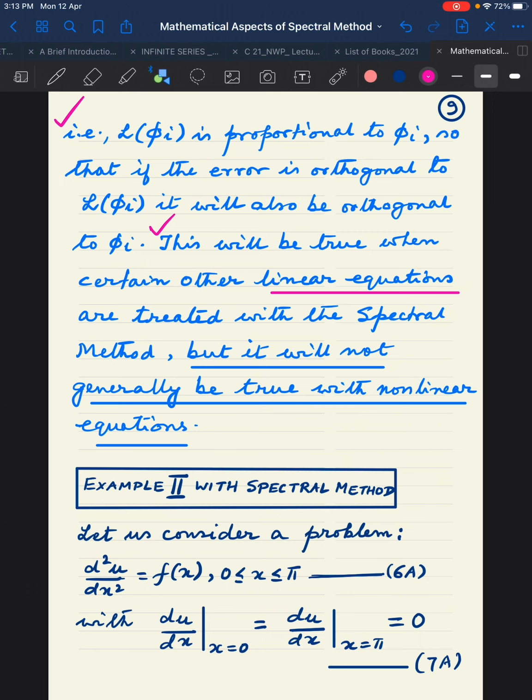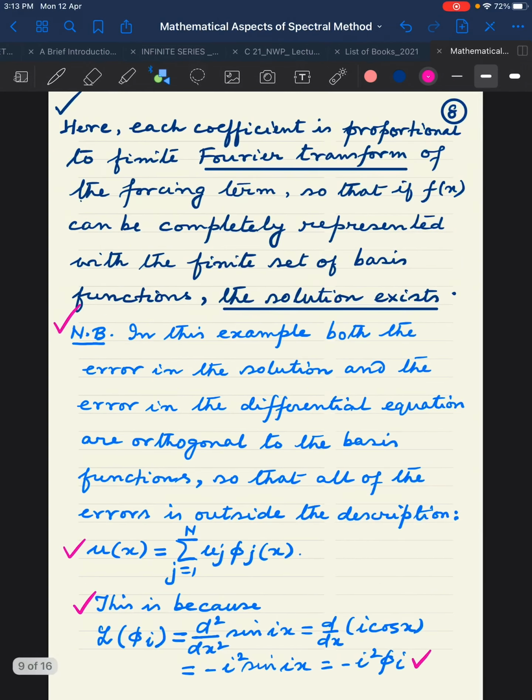When certain other linear equations, not all, but certain other linear equations are treated with the spectral method, in those cases also you can show this property: that the error in the solution and the error in the differential equation are both orthogonal to the basis functions.